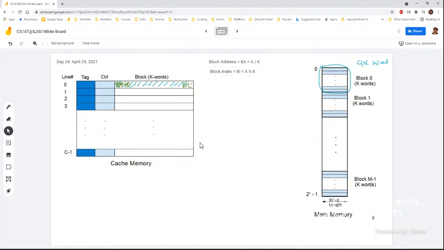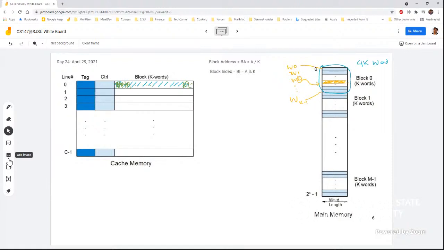So what is a block index in concept? Let's say in block 0 you want to access a specific word somewhere in the middle. This block consists of k words, word 0, word 1, word 2, till word k minus 1. Say you are trying to access word 2.